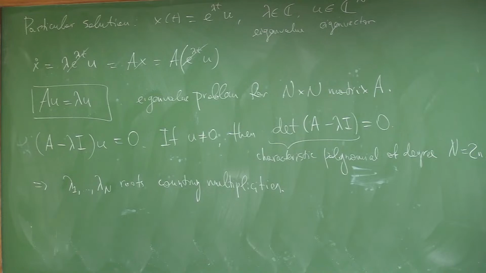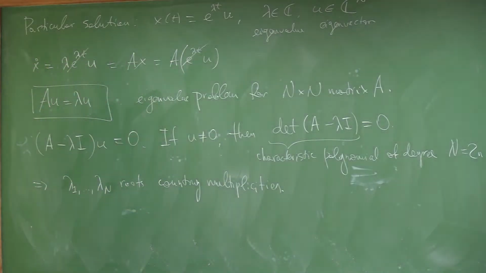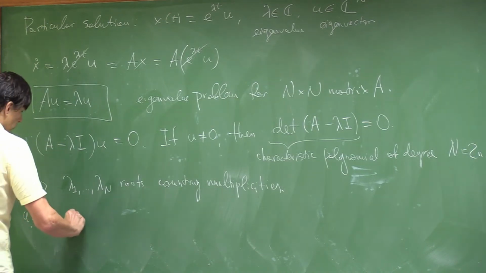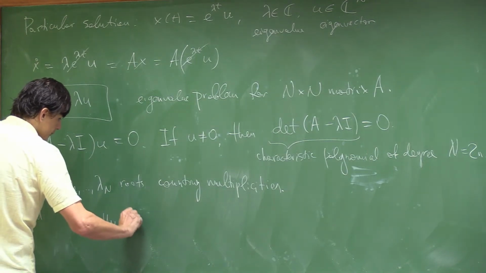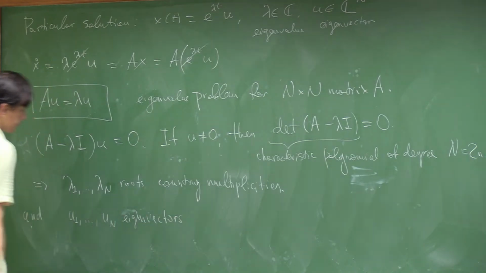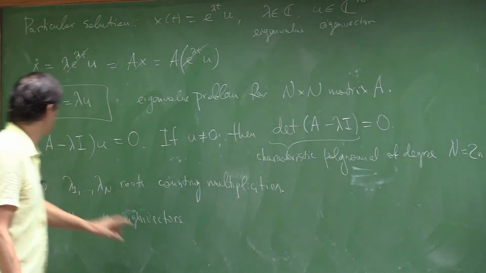So we had n roots, small n roots, and we get small n roots, but just in a different way. And to each of them, you can compute an eigenvector, just by solving this equation, because whenever the matrix is singular, you can find an eigenvector.